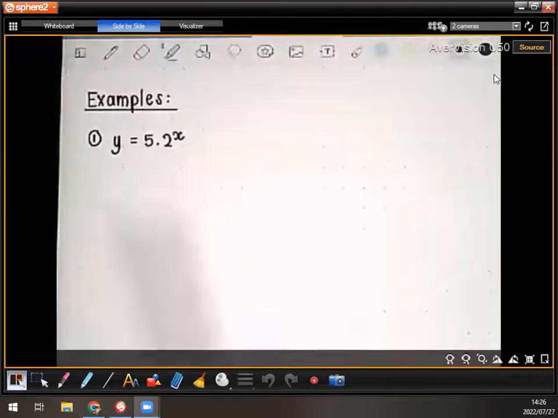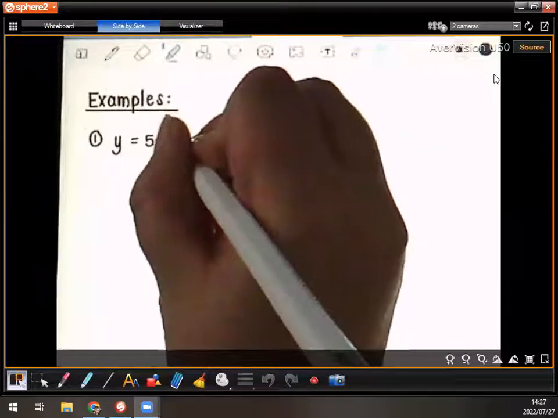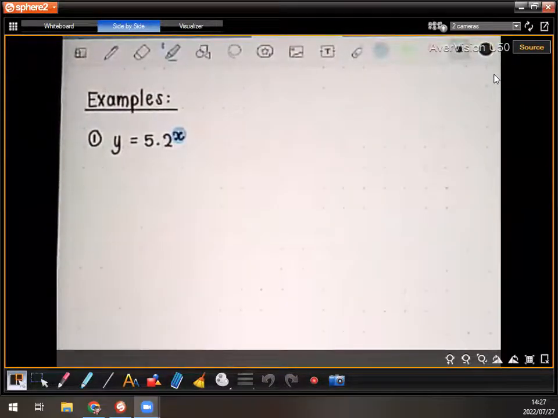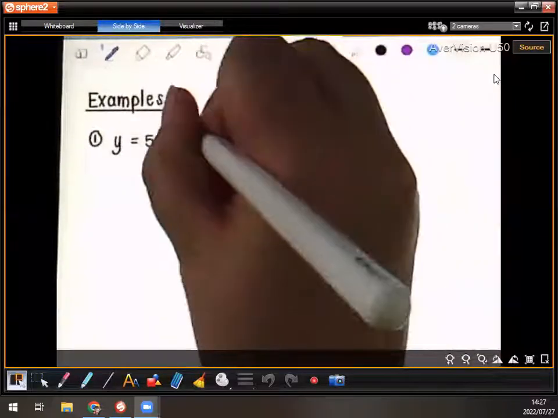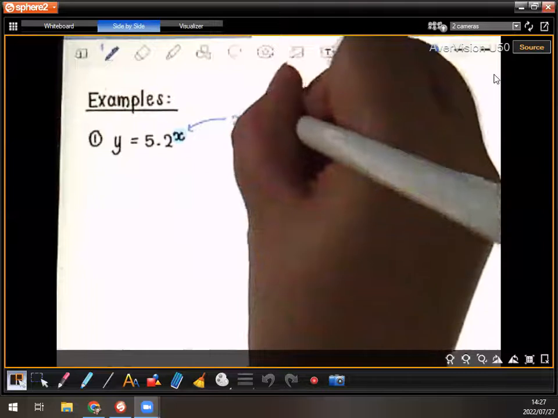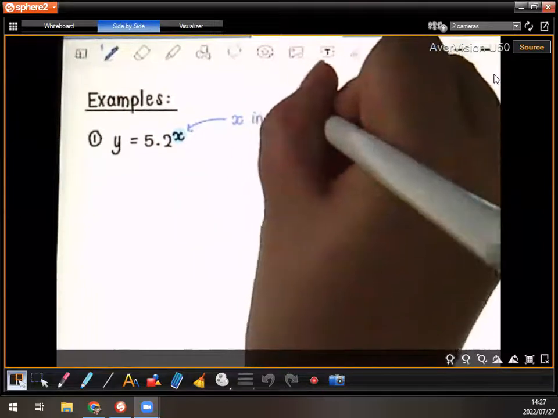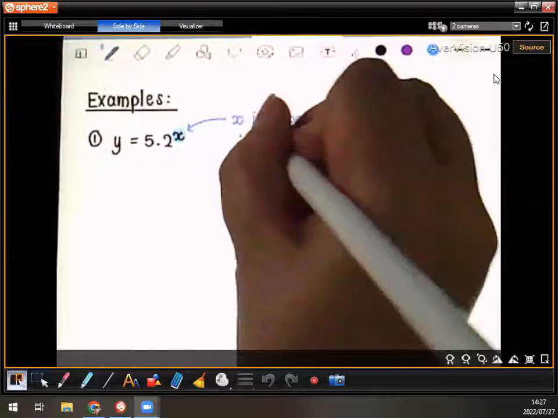How do we know just by looking at this equation that it's an exponential graph? The x is in the exponent, right? Exponential graph, the x is always in the exponent. So this is the identifying factor. That is how you know by looking at the equation that it is an exponential graph. So I'm just going to write there: x in exponent, therefore exponential graph.